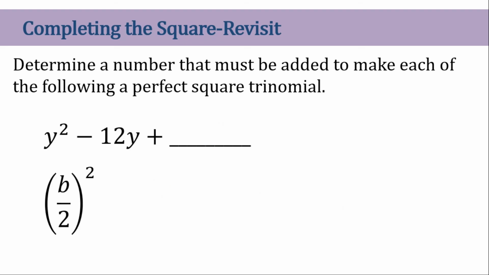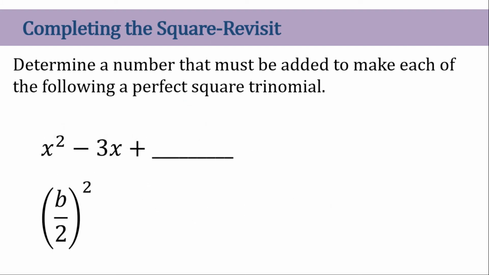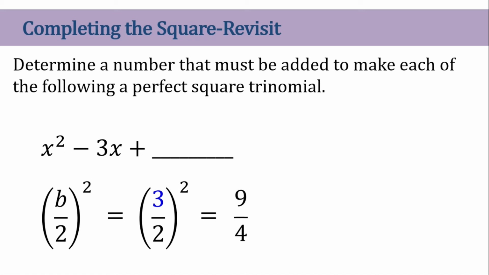Okay, 12 divided by 2, that is 6. 6 squared is 36. Let's go to this one. 3 divided by 2. We cannot simplify it further, so that's why we're going to square it. 3 squared is 9 over 2 squared, which is 4. That's how we do this.